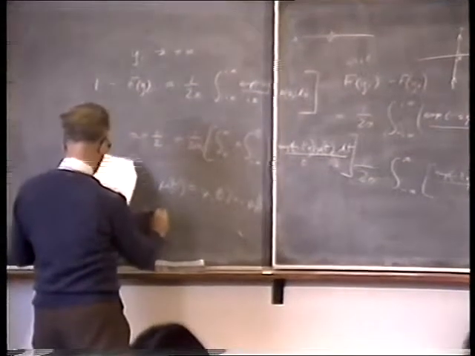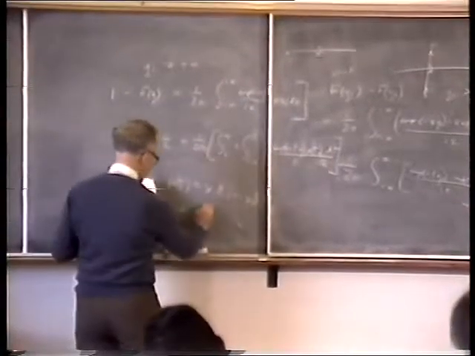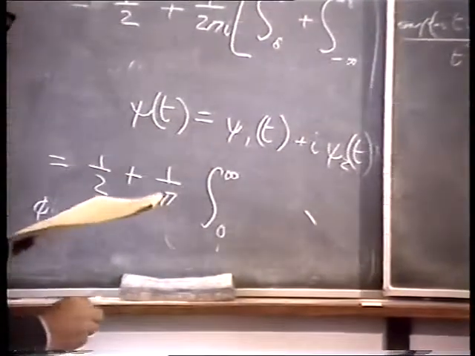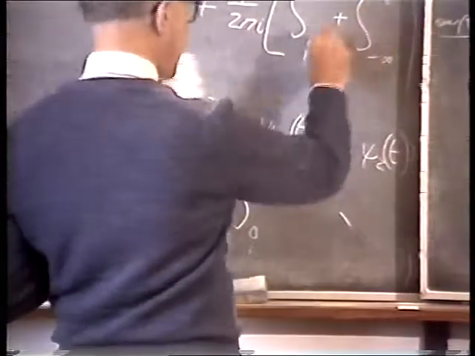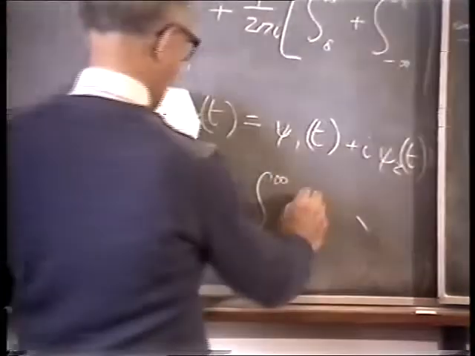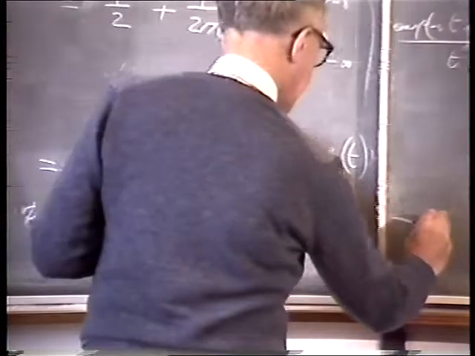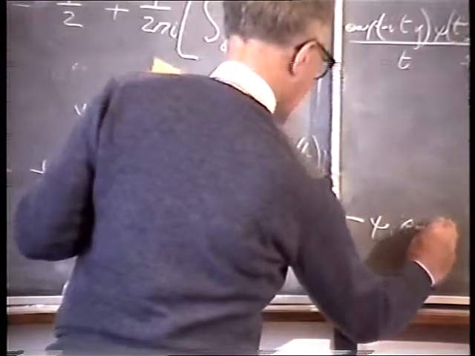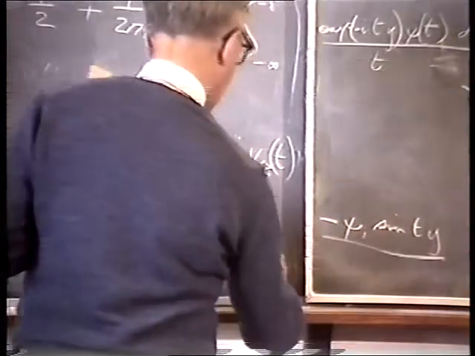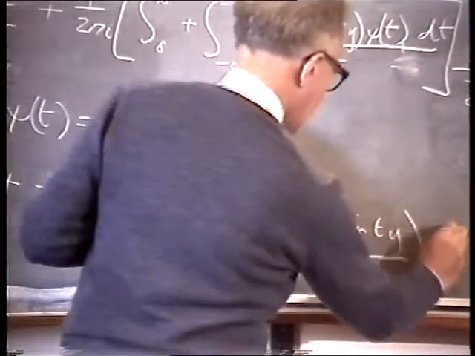I'm skipping rather at this stage because I don't think any of us are too interested in these details. We can let delta tend to 0, it turns out, when we look at the form of these formulae, over t dt.